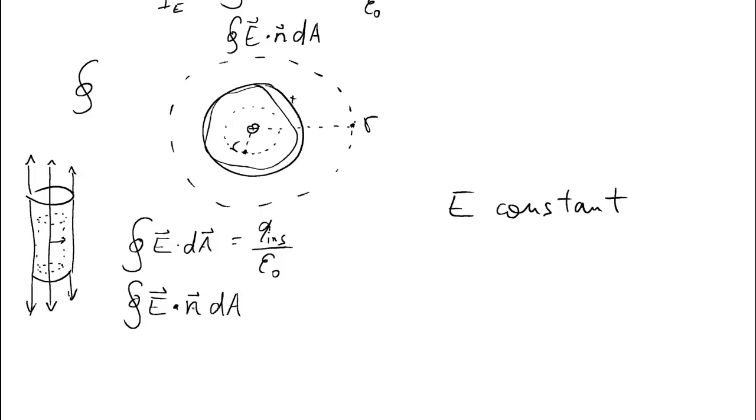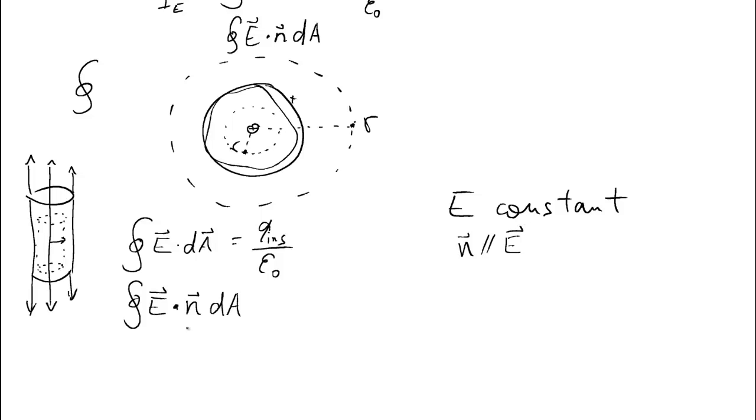Now the normal vector is perpendicular to the area element, which means in this case, because of the Gaussian we chose, that normal vector is going to be parallel to the electric field vector. So we can write that as our second argument, that the normal vector is parallel to the electric field.